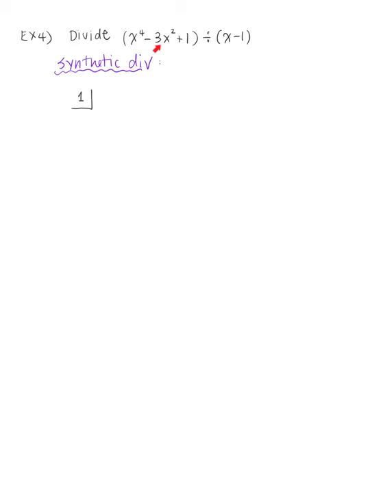All right, and then we've got an x squared term, but we're missing the x term, right? So that means that you have to replace that with a 0 as well. So if I do this, you're going to have 1, and then 0x cubed, minus 3x squared, and then plus 0x, and then plus 1. So that will be your setup.